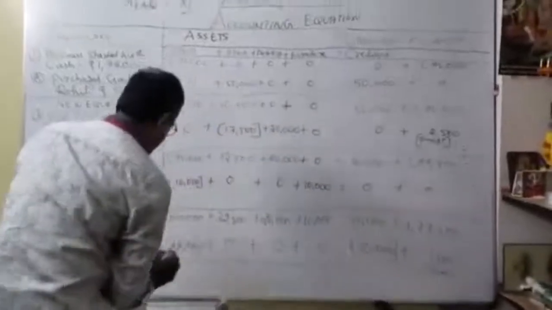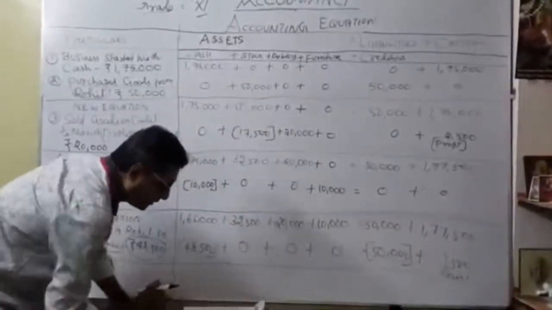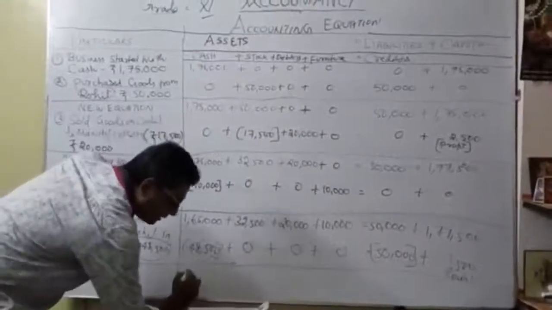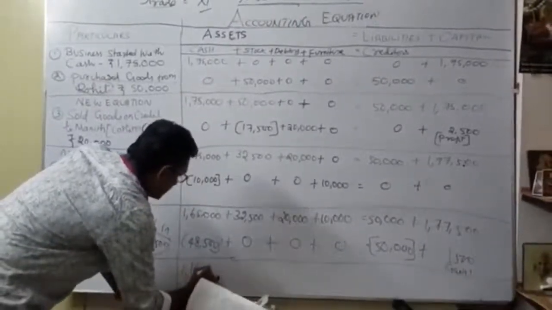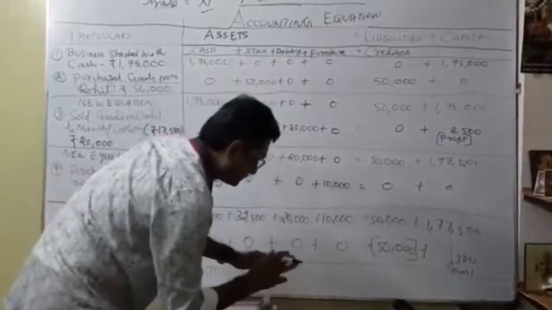What's the new equation? So 1,65,000 minus 48,500, so 1,16,500. Sorry.